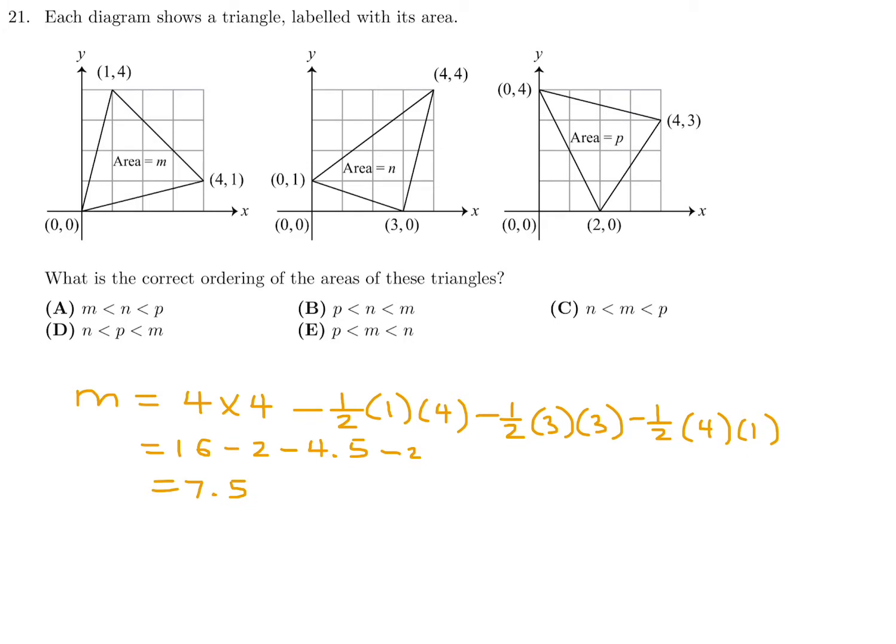So that's basically what we have to do for N and P. Pretty much the same thing. So for N, again, it's going to be the full square, and then of course we have to subtract this triangle, and this triangle.